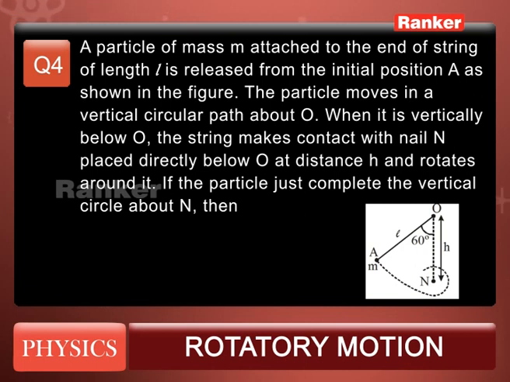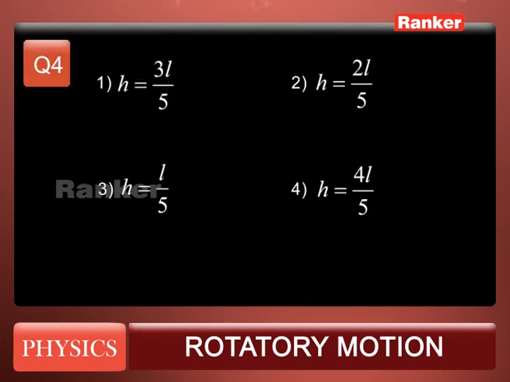If the particle just completes the vertical circle about N, then first option is h equal to 3L by 5. Second option, h equal to 2L by 5. Third option, h equal to L by 5. Fourth option, h equal to 4L by 5.